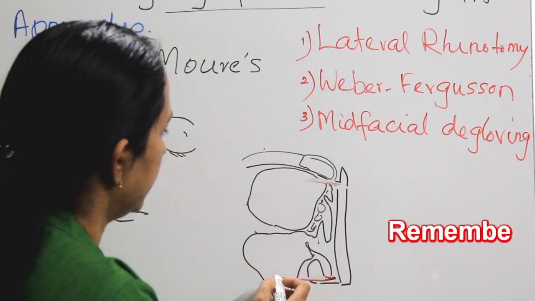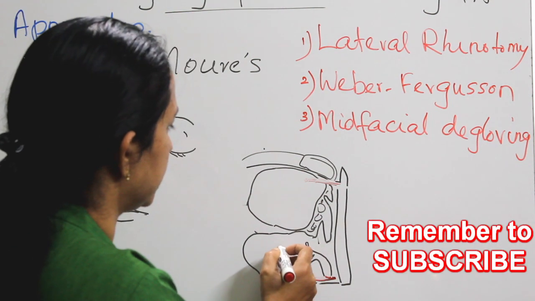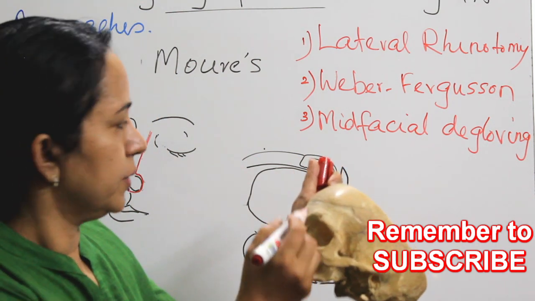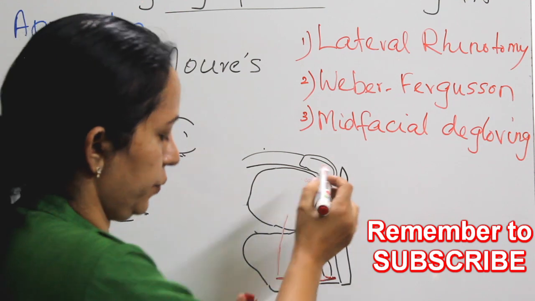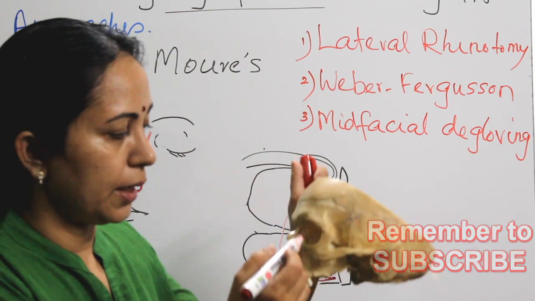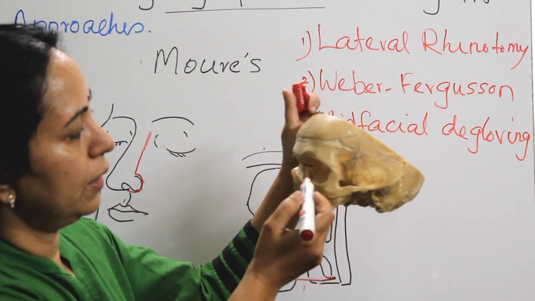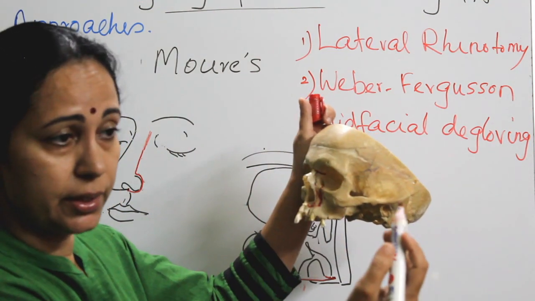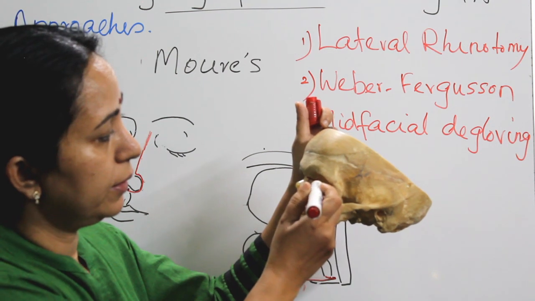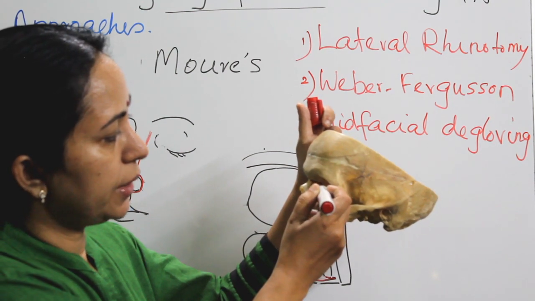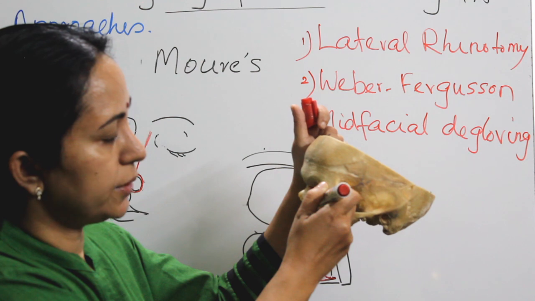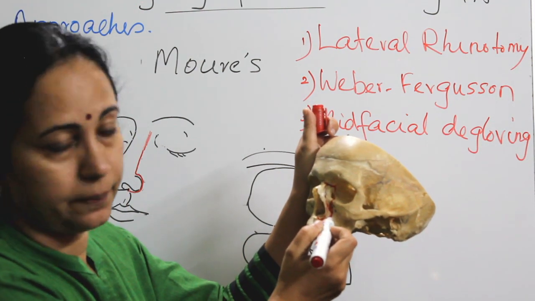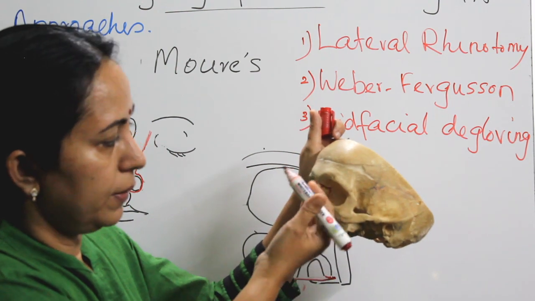It goes upwards, and the superior limit, I already told, is the frontoethmoid suture line, and from there it should stop. The posterior limit is the posterior ethmoid artery, and then it should encircle the lacrimal fossa and reach this vertical cut.